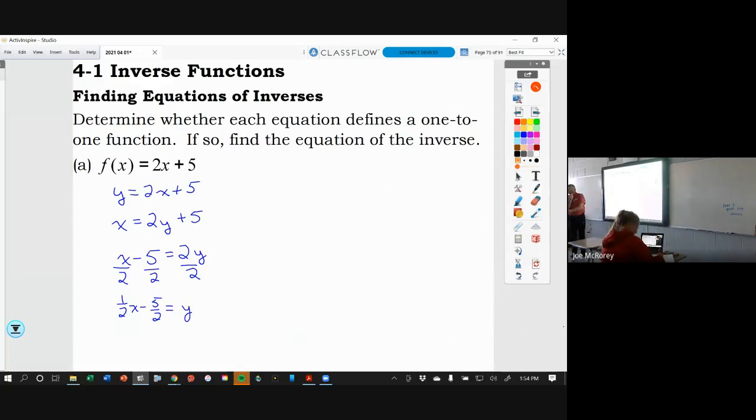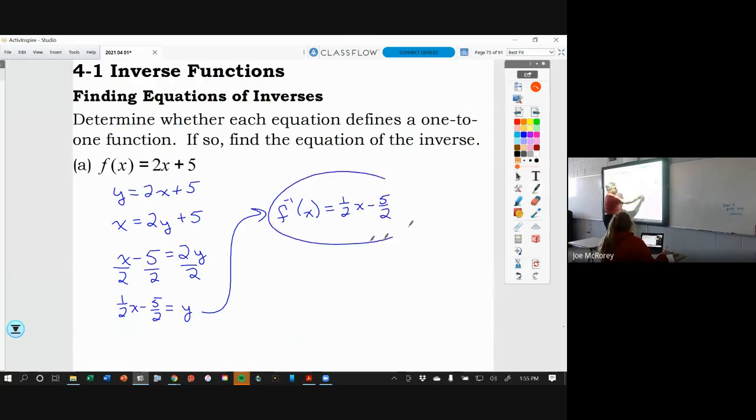But we will show that they're related. So I'm going to change that y to f inverse. f inverse of x is 1/2 x minus 5/2.